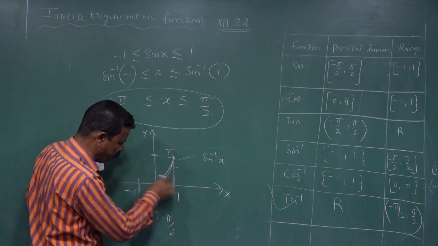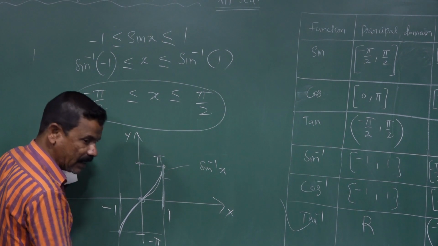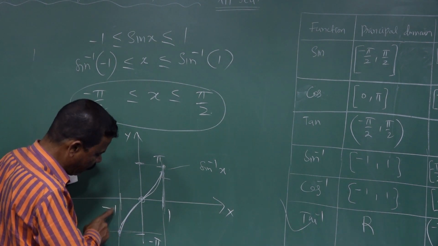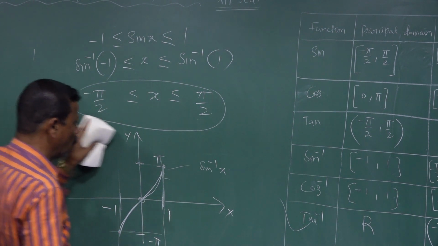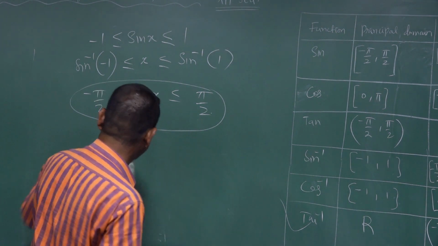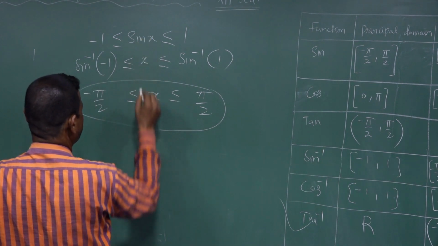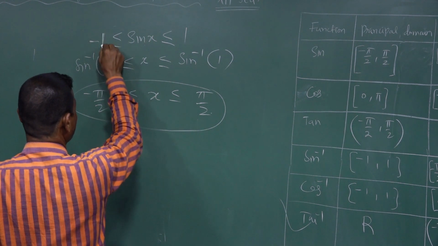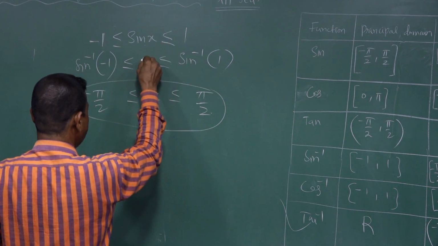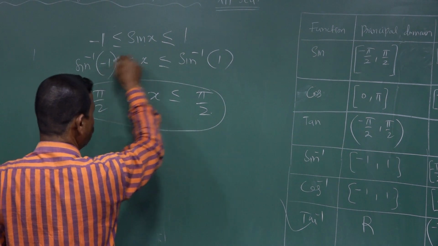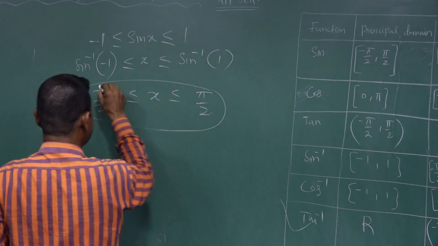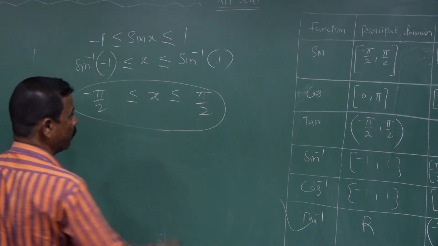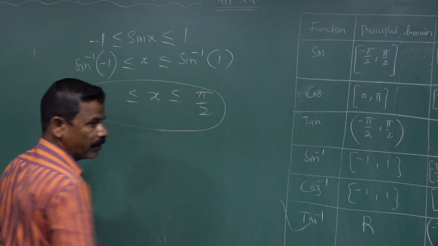Between minus 1 to plus 1, the value is minus 90 to plus 90. So for sin inverse x, sin x lies between minus 1 to plus 1. So x values are sin inverse of minus 1 to plus 1. Sin inverse of minus 1 means minus 90 degrees, and sin 90 gives 1.